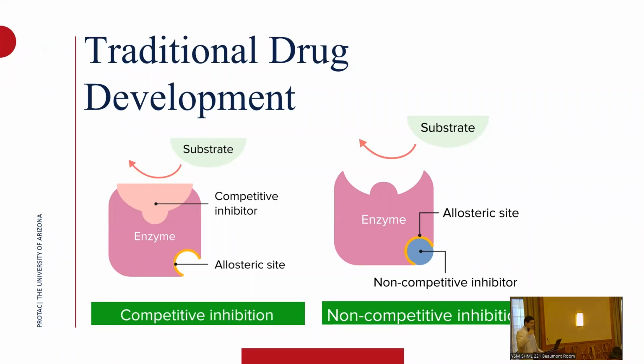Second, you have the non-competitive inhibitors, where the small molecule binds to a remote allosteric site, inducing a conformational change or some sort of steric bulk into the substrate binding site, making the substrate binding site inhospitable for the substrate, and thereby, again, inhibiting the enzyme function.